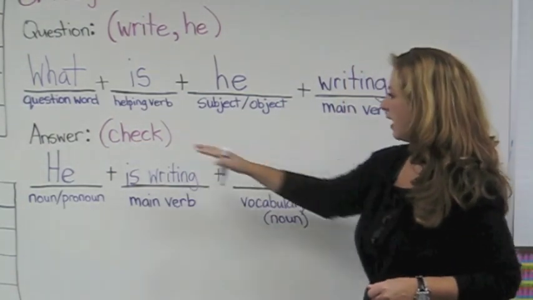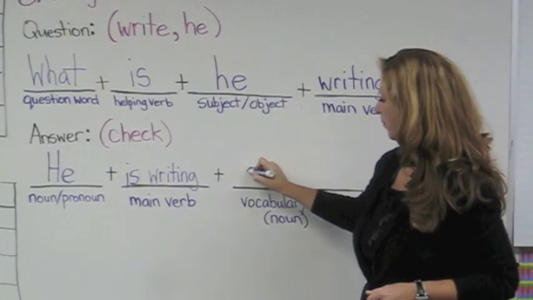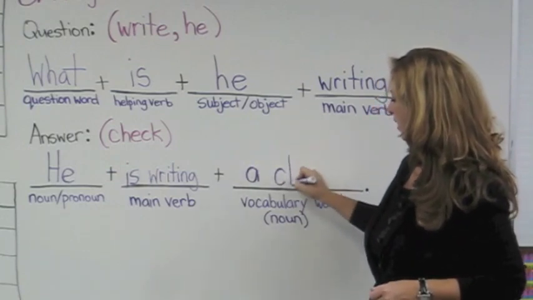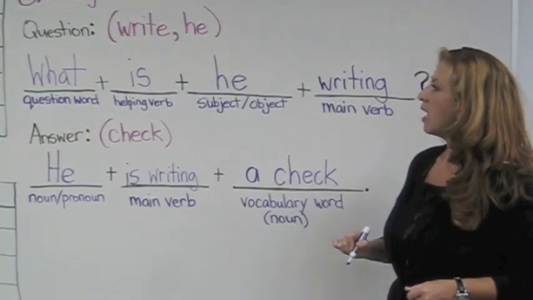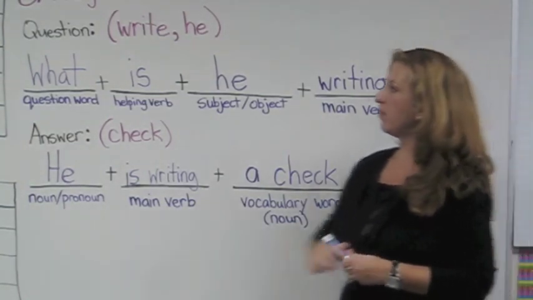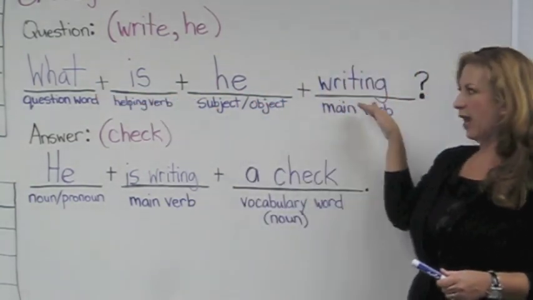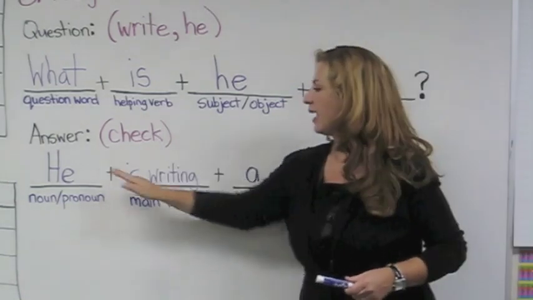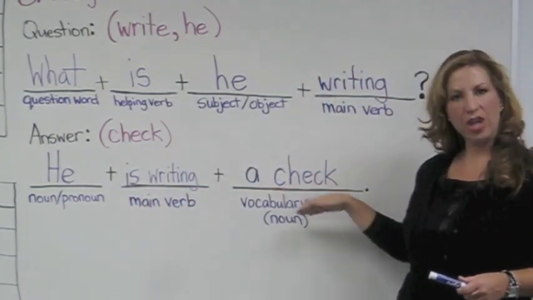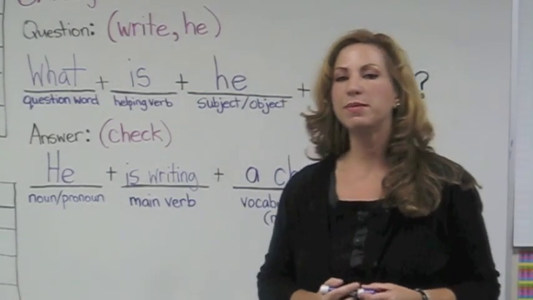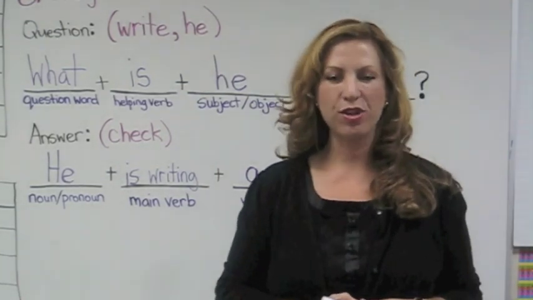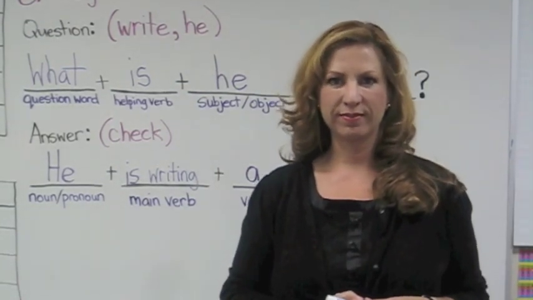Check. He is writing a check. So let's go back to our question. What is he writing? He is writing a check. Okay, so now you continue with problem 7. Press play when you're ready to do it together.